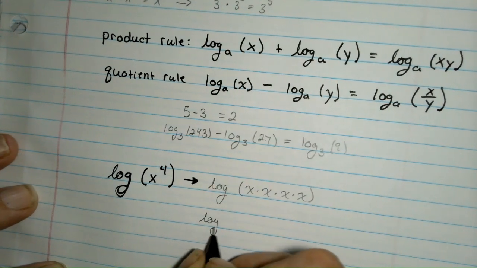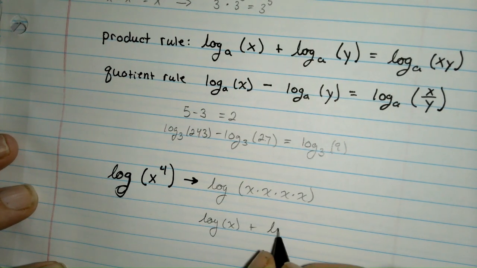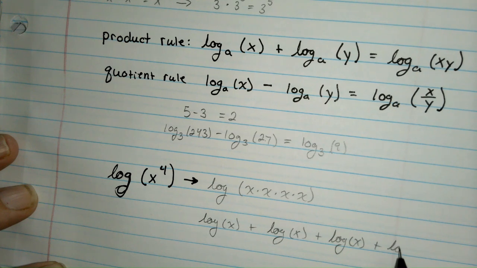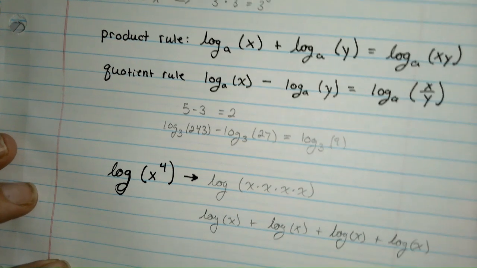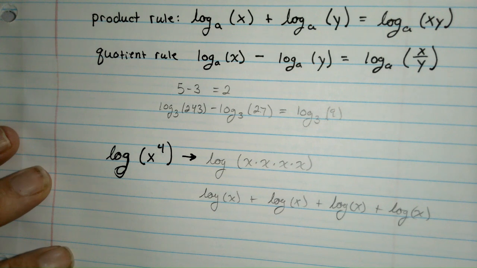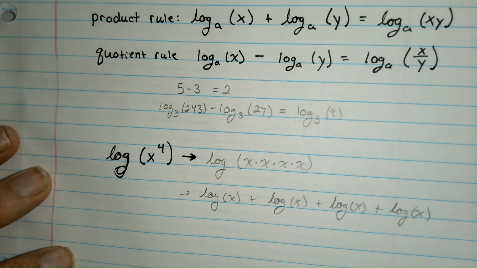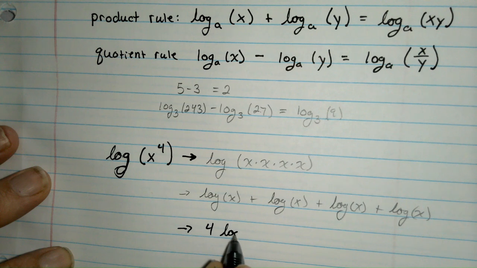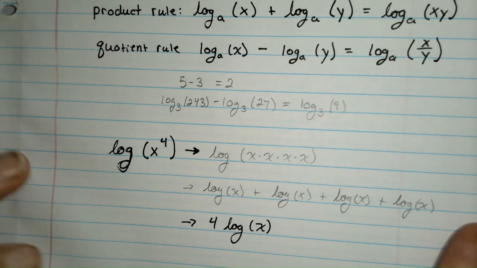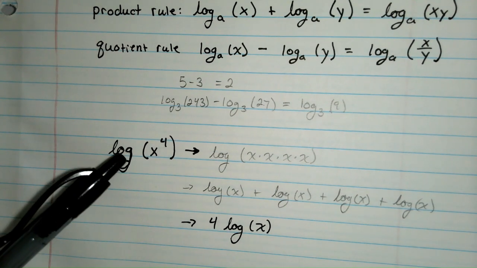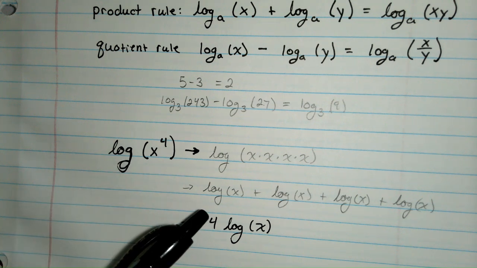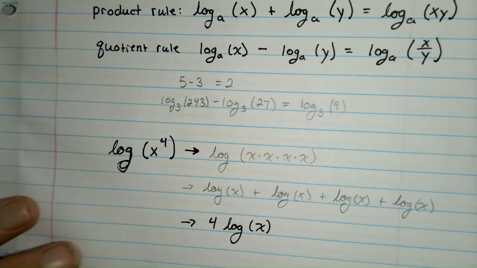So log of x plus log of x plus log of x plus log of x. That's a lot to write, but aren't they like terms? So we can just add our coefficients. And when we add our coefficients, we get 4 log x's. Anyone see a shortcut from the beginning to the end? If you do, that's your power rule.